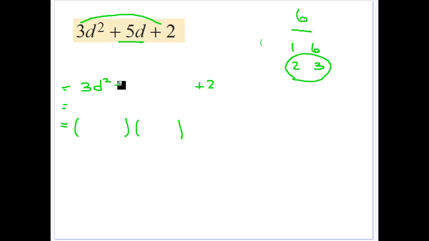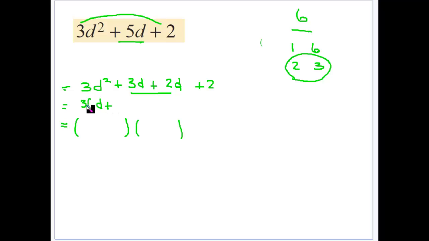So we write that as 3d and 2d. Hopefully you're seeing that because I've picked 3d and 2d, that adds up to the 5d, so that's not a problem. It's still an equivalent statement. But I'm able to write it in a way that gives me a grouping of pairs and lets me start to factorize.